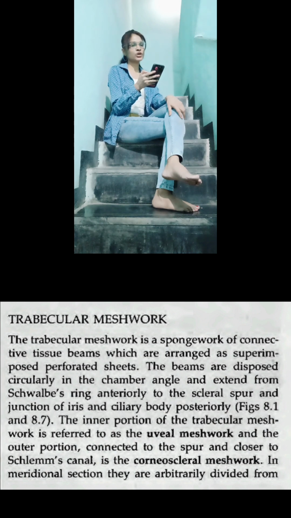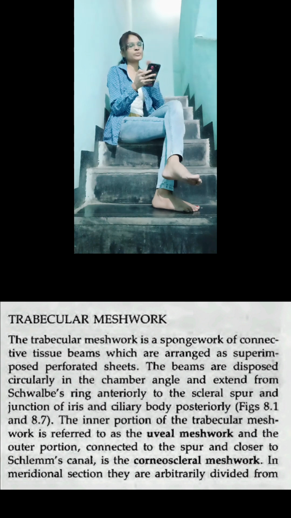The inner portion of the trabecular meshwork is referred to as the uveal meshwork, and the outer portion connected to the spur and closer to Schlemm's canal is the corneoscleral meshwork.